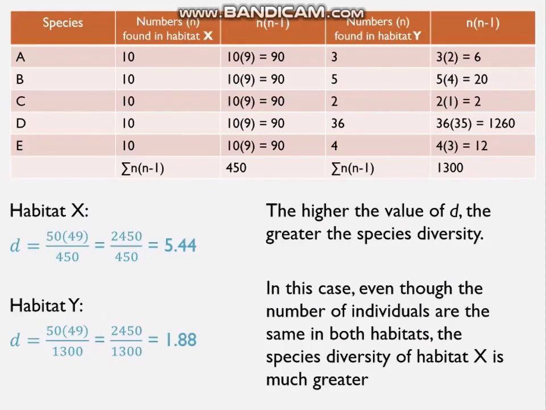And for habitat Y, this is 3 plus 5 plus 2 plus 36 plus 4, which also equals 50. The equation asks for capital N multiplied by capital N minus 1. Therefore, habitat X is 50 multiplied by 49, which gives us 2,450. And habitat Y is also the same in this case.